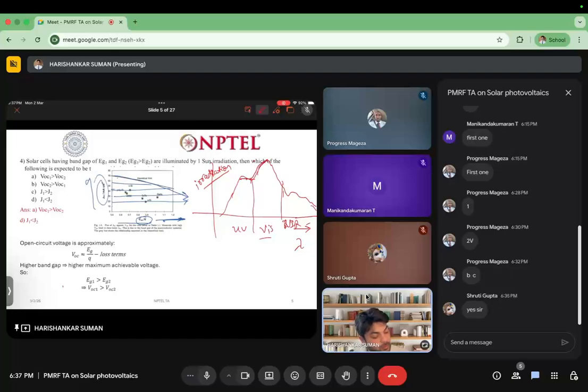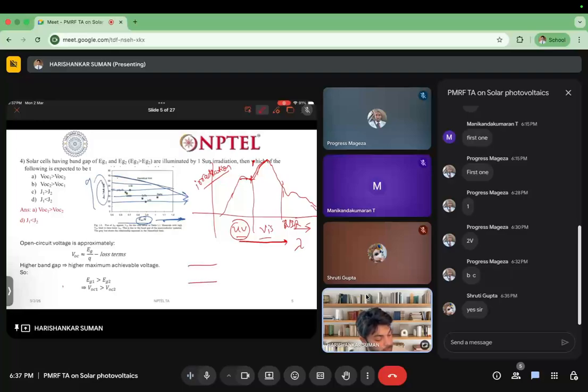You know, this is the spectrum from the sun. So let's see, this is higher energy, and going down this is less energy.